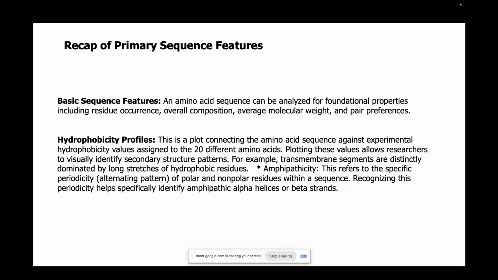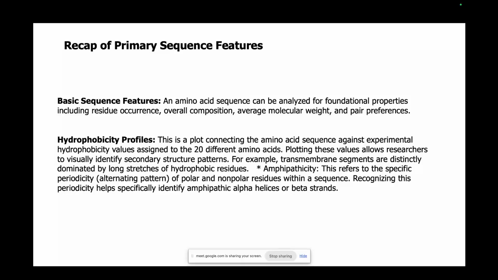That is the experimental way. There are computational ways too; we discussed the Kyte-Doolittle scales also. These are all relative scales, so they tell you the hydrophobic or hydrophilic nature of an amino acid with respect to other amino acids, right?